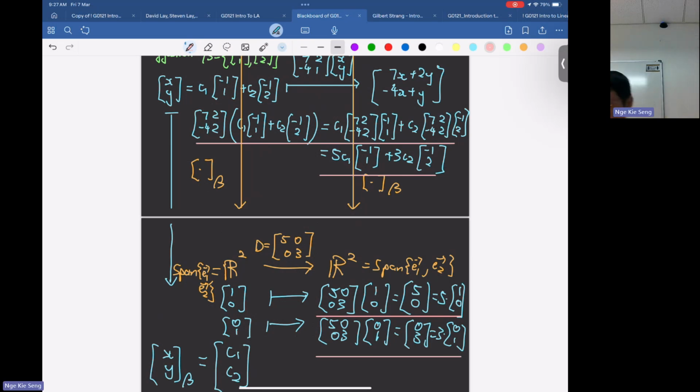The correspondence is this part and this part. They are not equal, but what's the relation between them? The coordinate vector mapping. They are equivalent by the coordinate vector mapping.